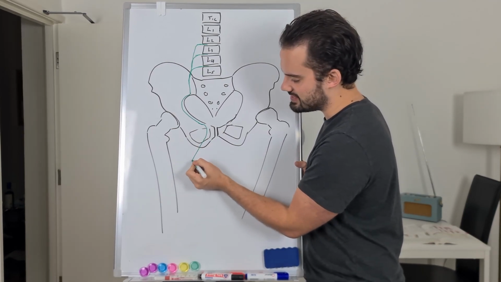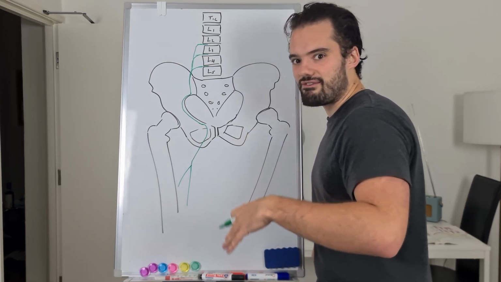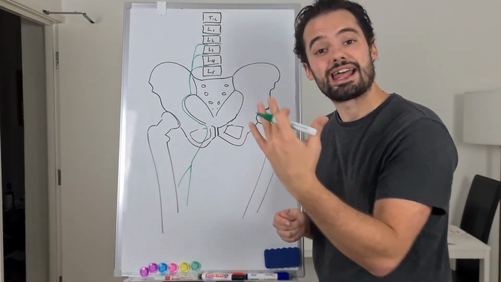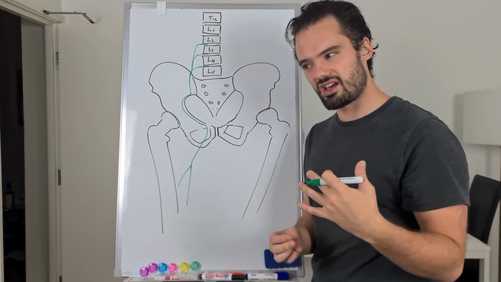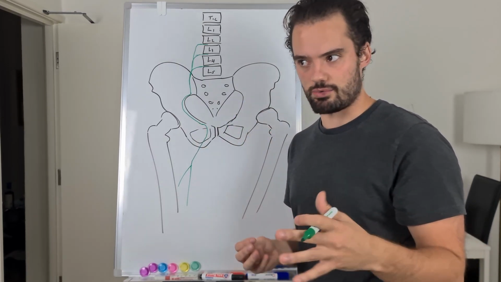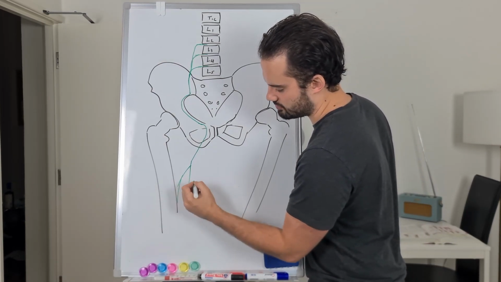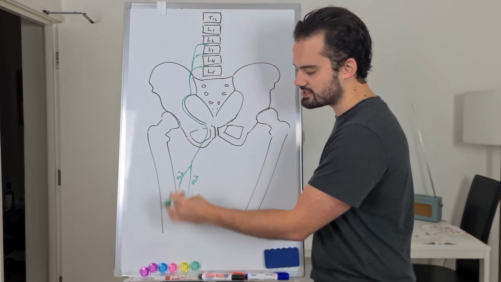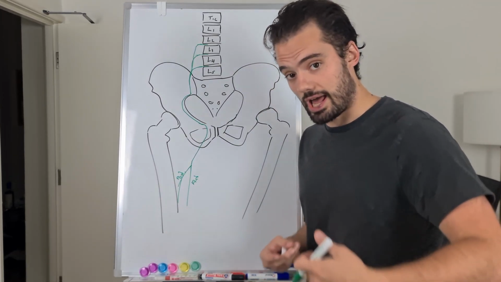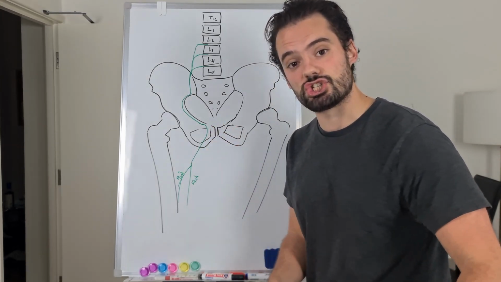The obturator nerve is then able to split into various branches. In very general terms, there's an anterior branch of the obturator nerve and a posterior branch of the obturator nerve. That's definitely, I would say, as much detail as you need to go into. These are going to be responsible for supplying the muscles that we're going to talk about, but also supplying some sensation to the skin.